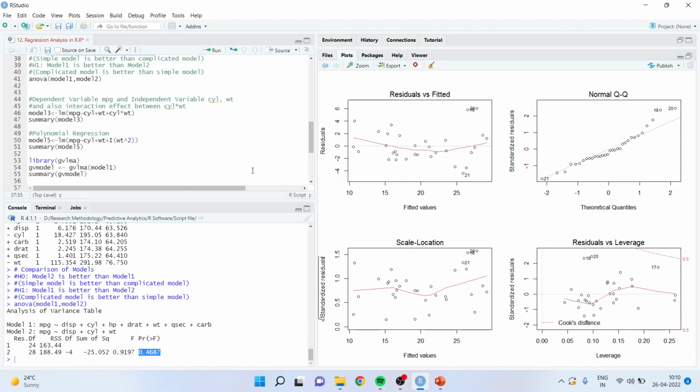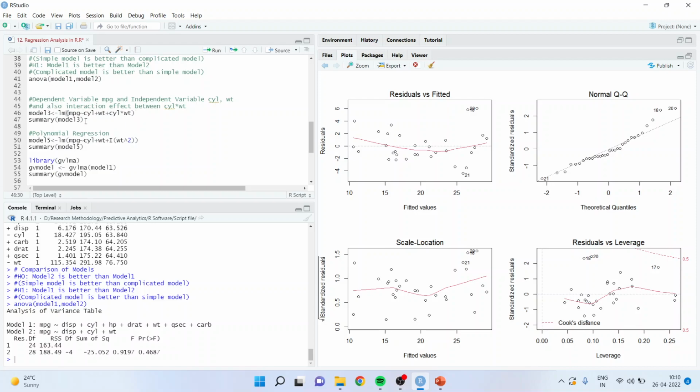Sometimes in regression analysis we also consider the interaction effects. So here I am including the interaction effects, that is cylinder multiplied by weight. Actually we should standardize these variables, but at present, for understanding what interaction effects are, we are directly including cylinder into weight.